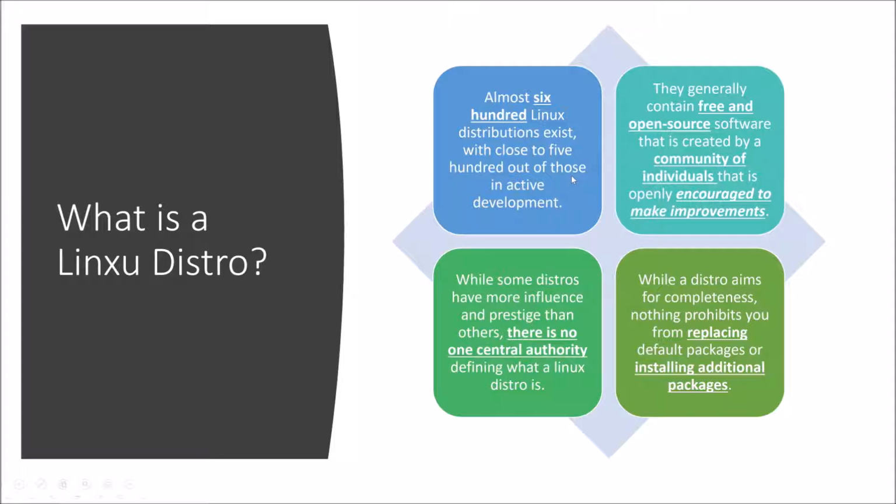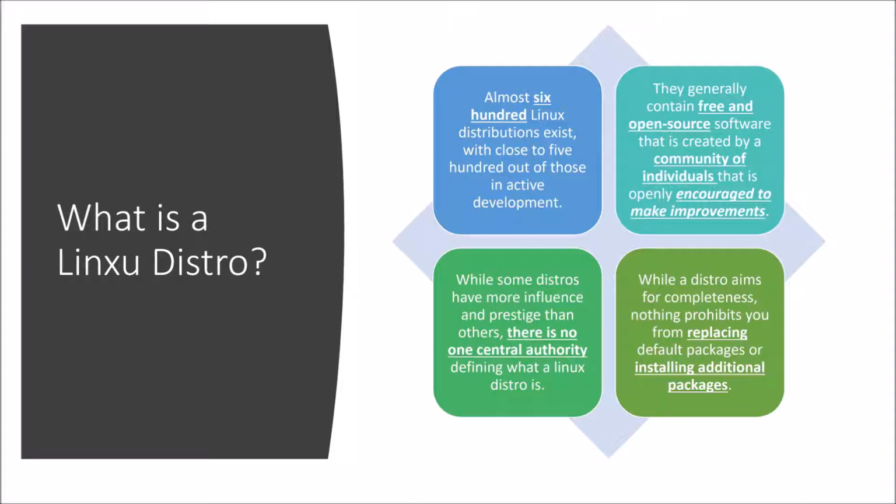People get into religious wars over it. There are two major graphical interfaces, GNOME and KDE. Some people like KDE, some people like GNOME. Some distributions allow for non-free software, and others are very strict and rigid. So it's almost a religious thing.